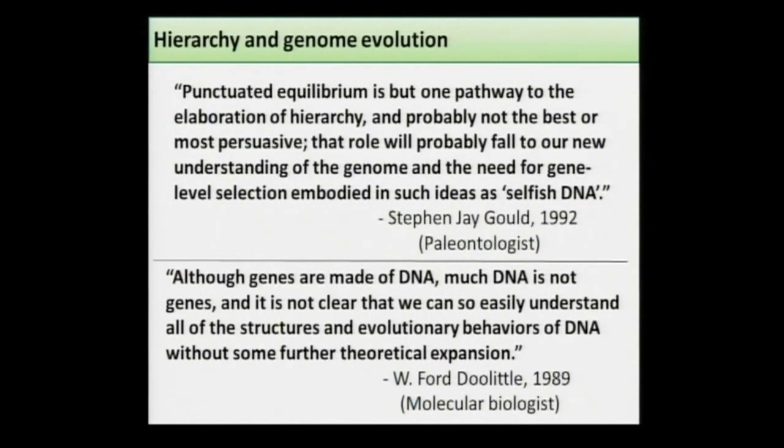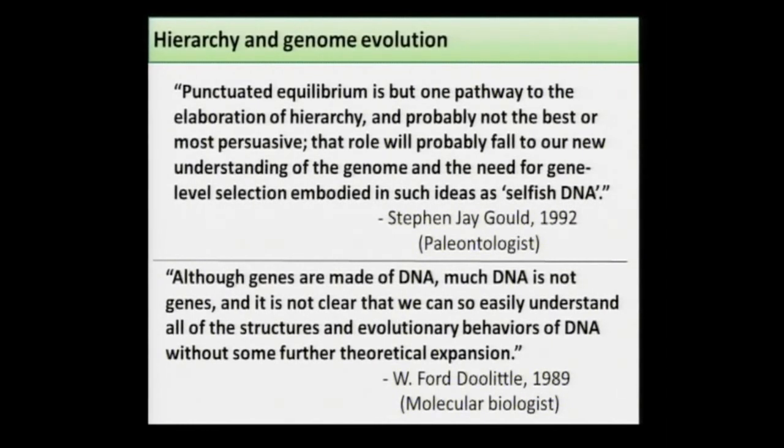And the last thing I want to talk about here is Gould's notion of hierarchy. Again, he found some connections. He was obviously a paleontologist, not a molecular biologist, but he found connections between genomic processes and his thinking at other levels. So I particularly like this quote from 1992. "Punctuated equilibrium is but one pathway to the elaboration of hierarchy, and probably not the best or most persuasive.